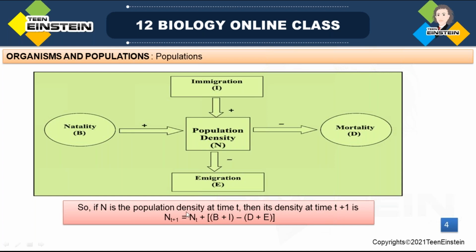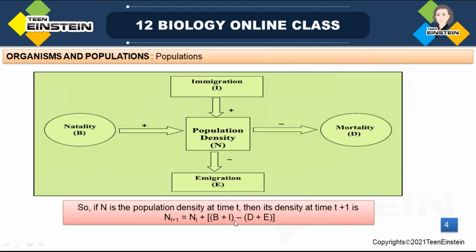Okay. So N t plus 1, population density at a time t plus 1, is calculated. How can we calculate? We need to know population density at time t, plus B plus I. That means natality plus immigration, minus mortality plus emigration.